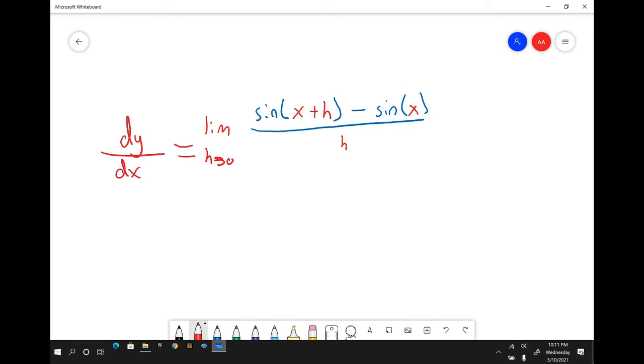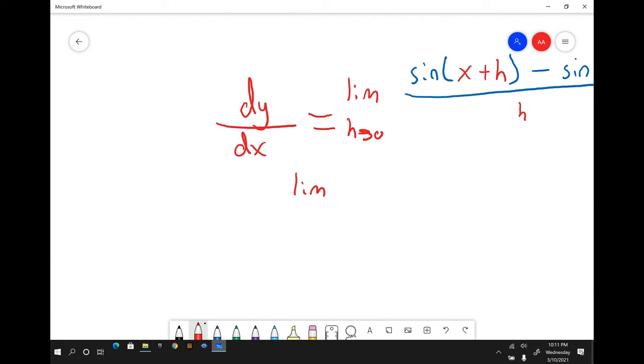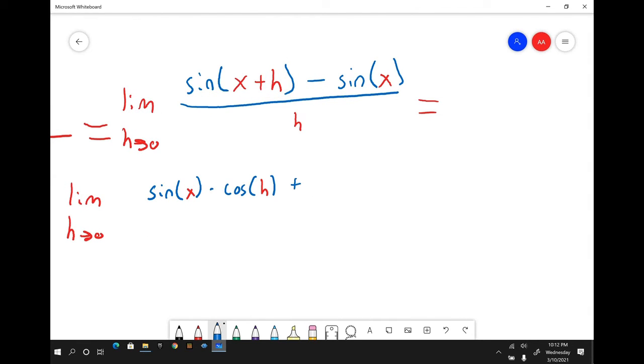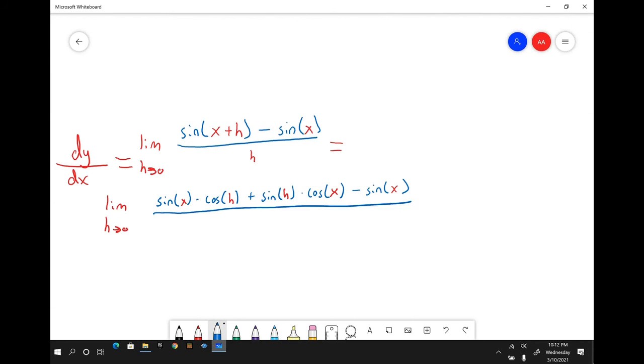And now we know that this is equal to the limit as h goes to 0 of the sine of x times the cosine of h plus the sine of h times the cosine of x, and this is minus the sine of x, and all of this is divided by h.